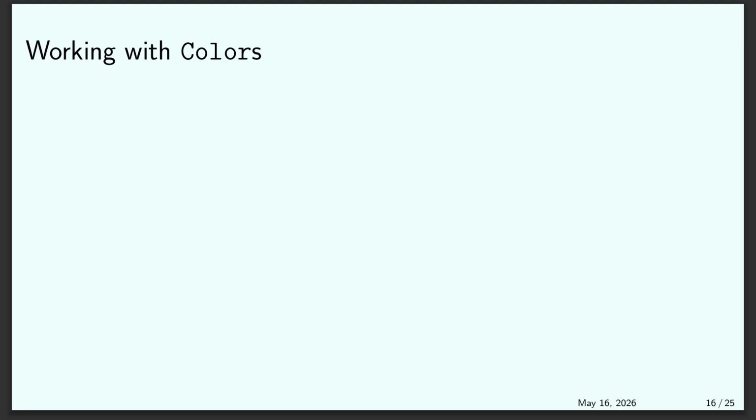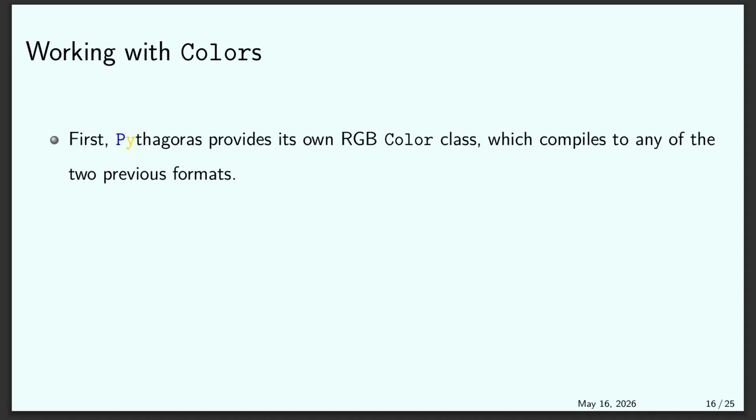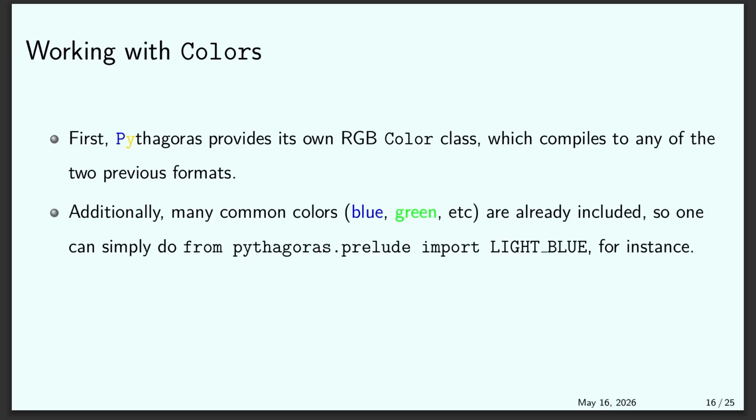So yeah, now we can work with colors. It has an RGB color class implemented. It's a very simple thing to add a class. And it's really nice because, first of all, there are many blue, green, and all these normal colors. SVG colors mostly are already built in, so that you can do from Pythagoras.prelude import blue or gold or magenta or cyan or whatever.